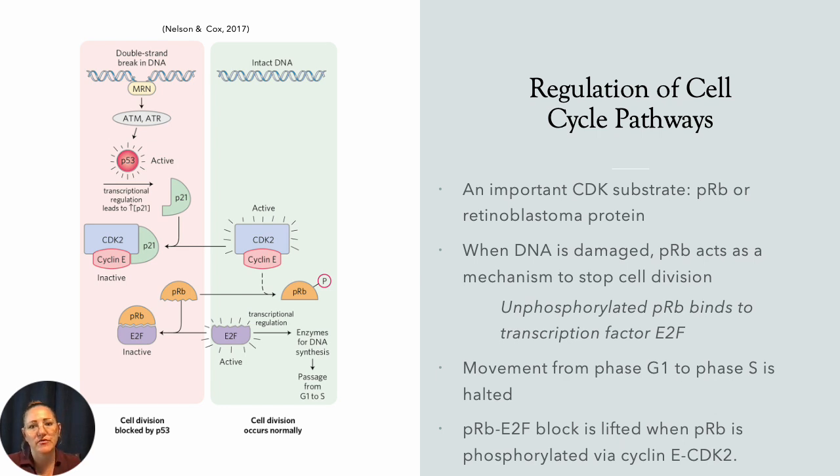P21 is an inhibitor for cyclin E CDK2, and P21's presence ensures that PRB stays unphosphorylated and bound to the E2F, which continues to block the transcription factor activity and keep that cell cycle stopped in phase G1.